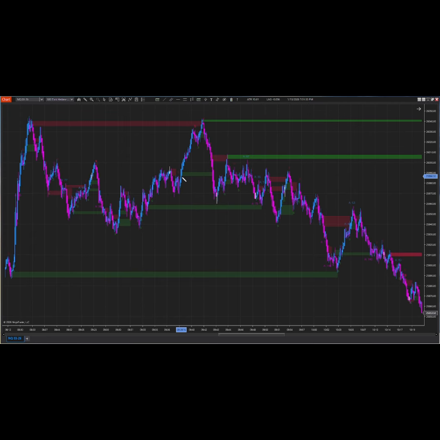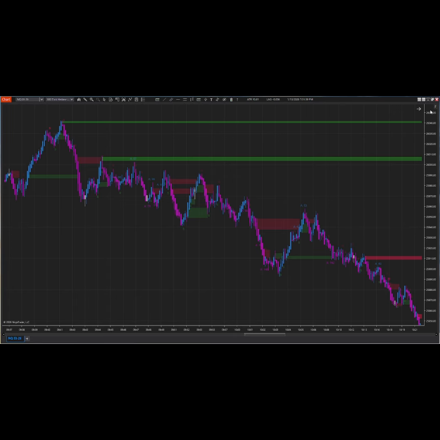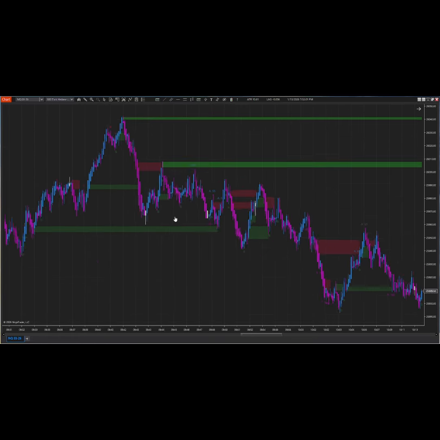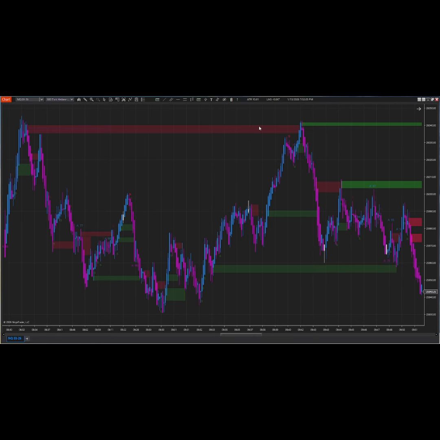Let's move this chart over. So you have a red zone right up top, and we had a green zone print. Say you wanted to start here. You have a target clear above.